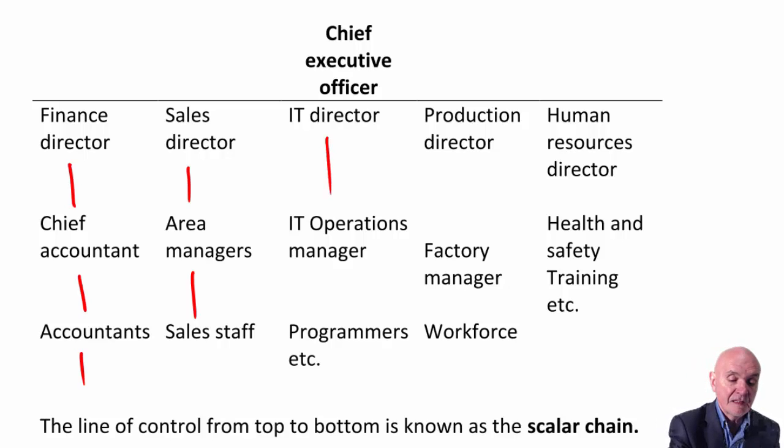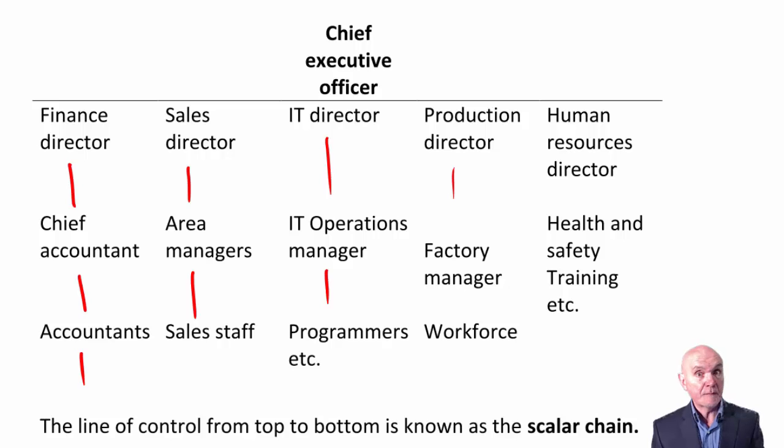And then IT, the operations manager, the programmers, the analysts, production director, you have factory manager or factory managers if there's several factories, maybe somebody looking after the warehouse as well, and then you'd have the workforce. Then you have your human resources people, health and safety, training, keeping records and so on within that.